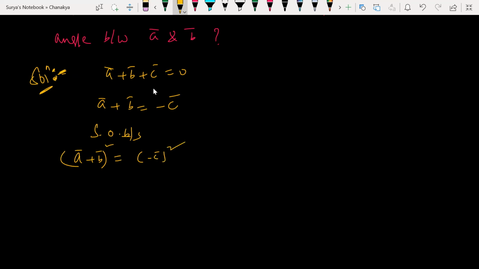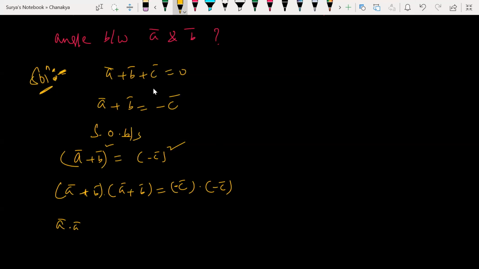Can I write like this? People, are you able to understand my handwriting here? So how can I solve this?